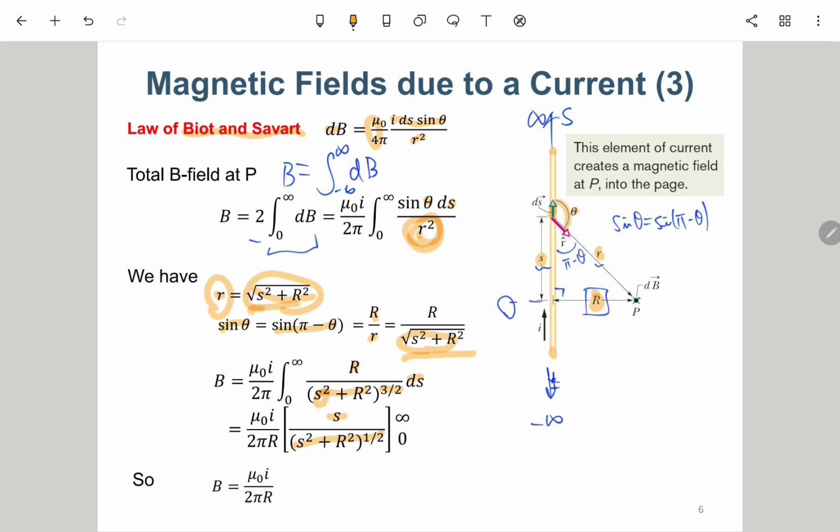I will not go deep into how we can calculate it, but just an idea is you try to assume that s to be R tangent phi. Tangent phi is s over R, so phi should be this angle.